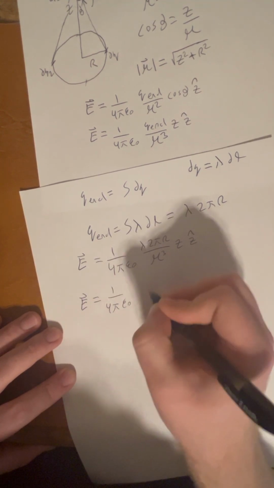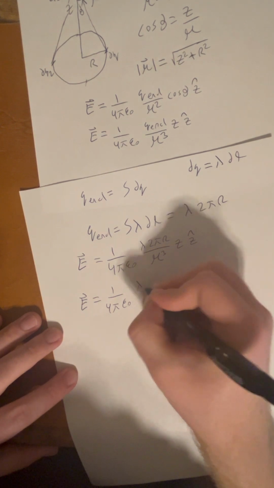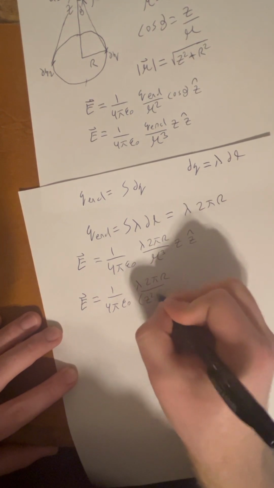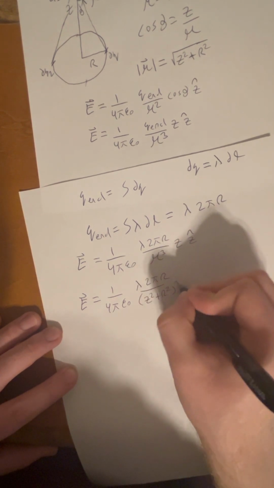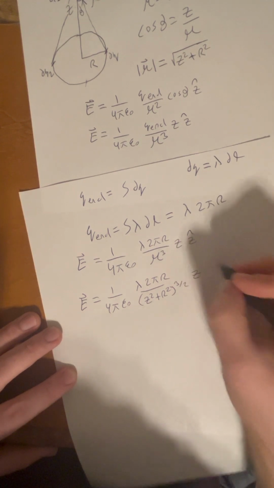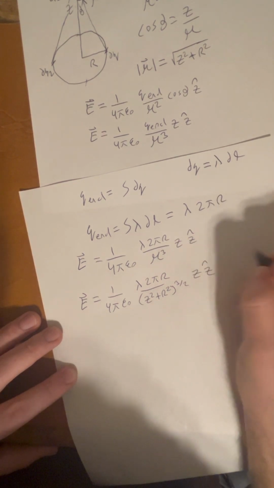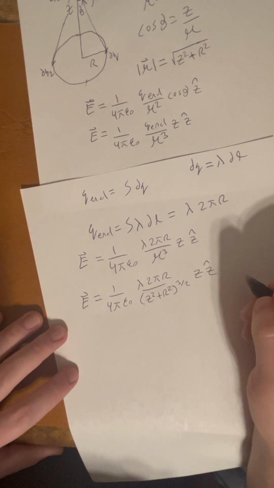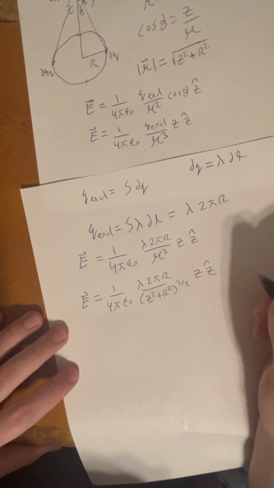We'll substitute in what the magnitude of script r is equal to: lambda 2 pi R over z squared plus R squared to the 3 halves, times z in the z hat direction. And this is our final answer for finding what the electric field is at point P. Thank you for watching.